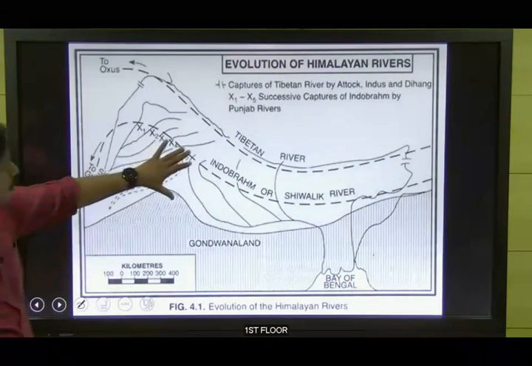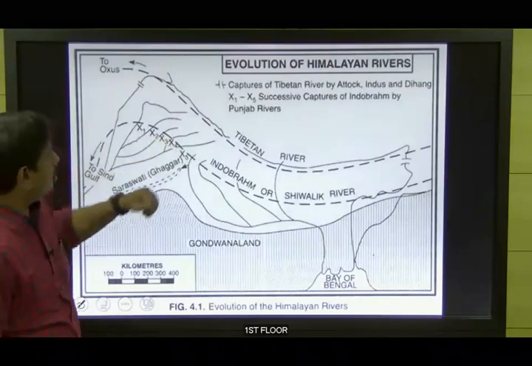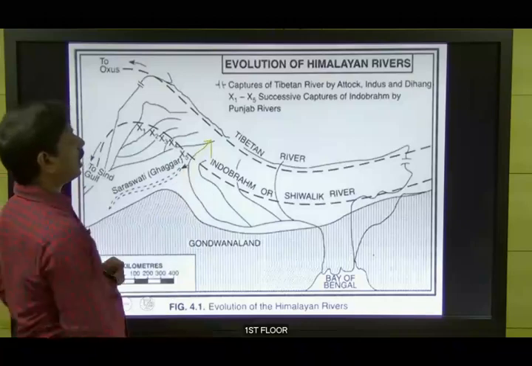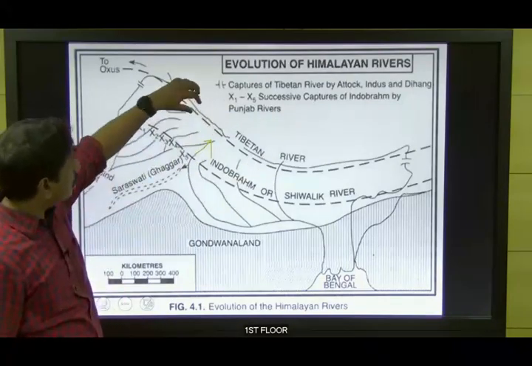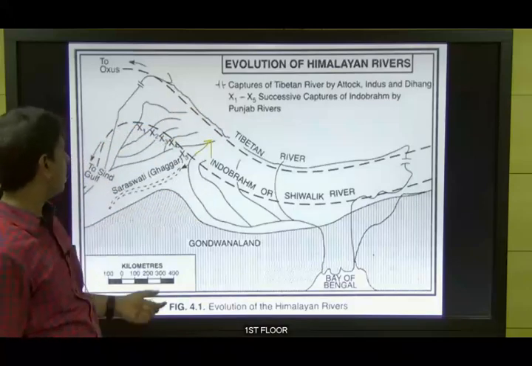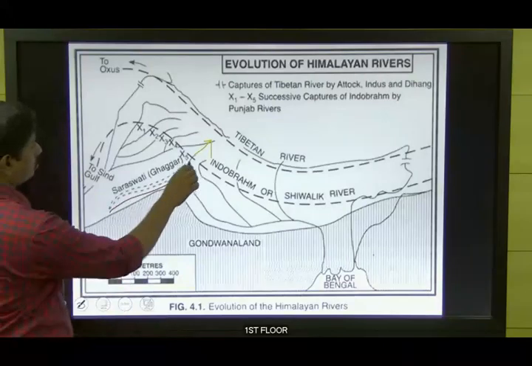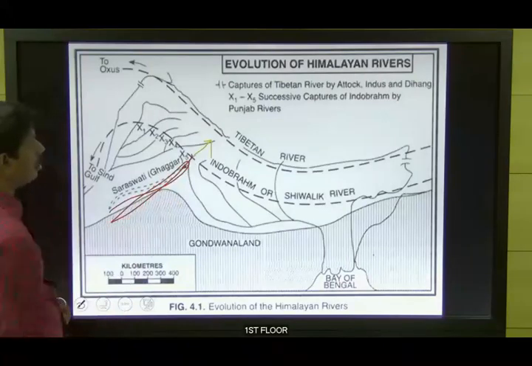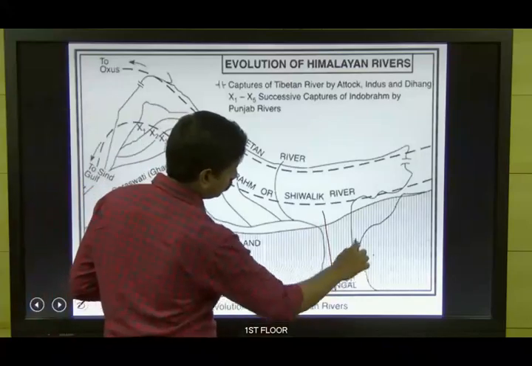And the tributaries of the Shivalik River, due to headward erosion and river capturing, captured the Tibetan River. The Tibetan River started flowing through the tributaries into the Shivalik River, and then during the Pleistocene upheaval, the Delhi Ridge formed and the Malda Fault.